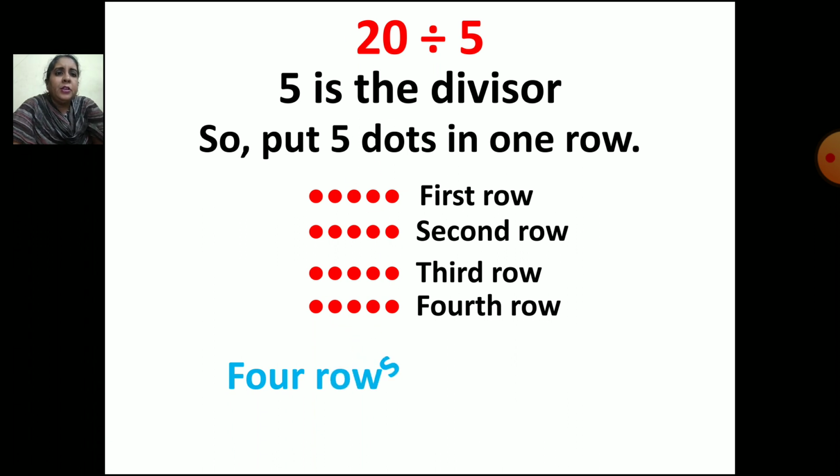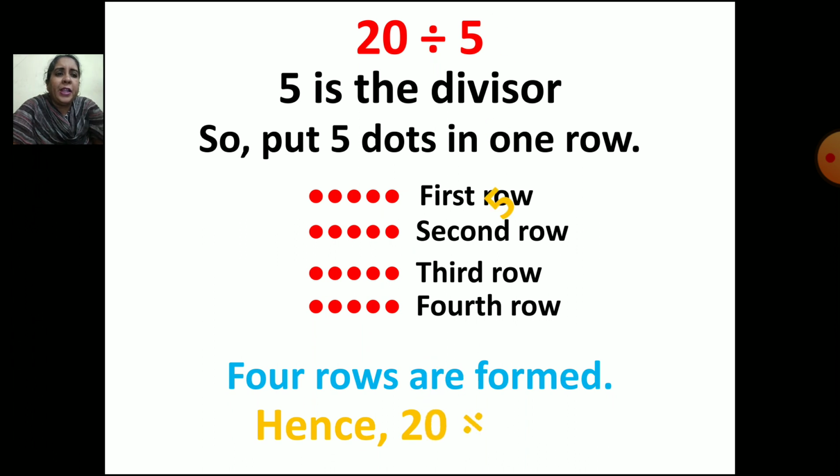So what will be your answer? Hence, 20 divided by 5 is equal to how much? 4. So your answer is 20 divided by 5 equal to 4.